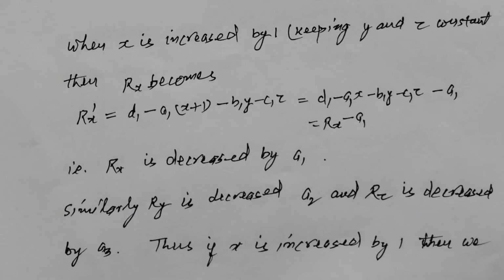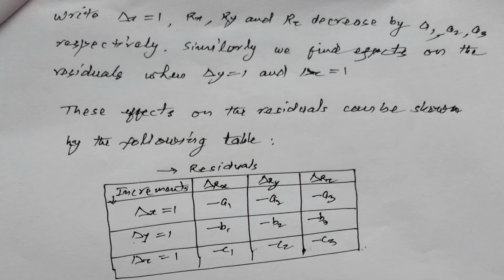That is, Rx is decreased by a1. Similarly, Ry is decreased by a2 and Rz is decreased by a3. Thus, if x is increased by 1, that is delta x equal to 1, then Rx, Ry and Rz decrease by a1, a2, a3 respectively.